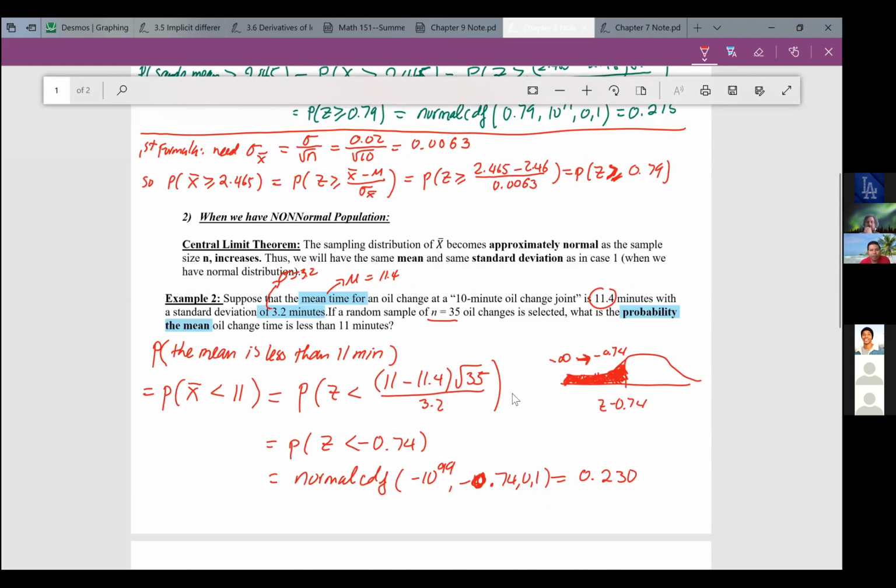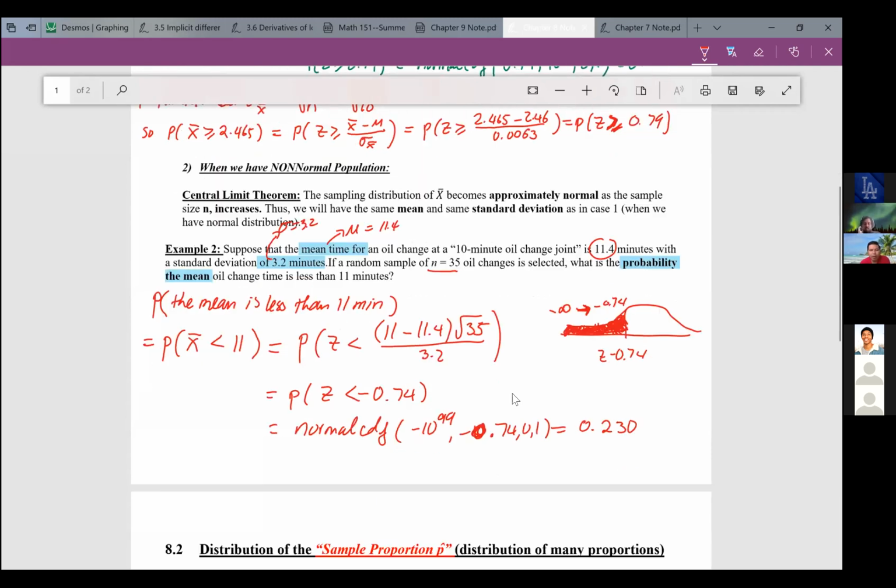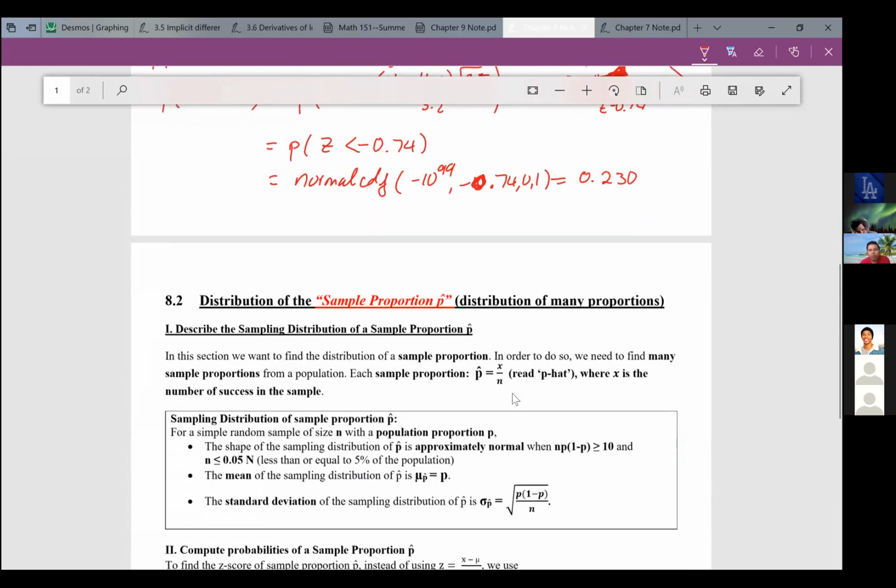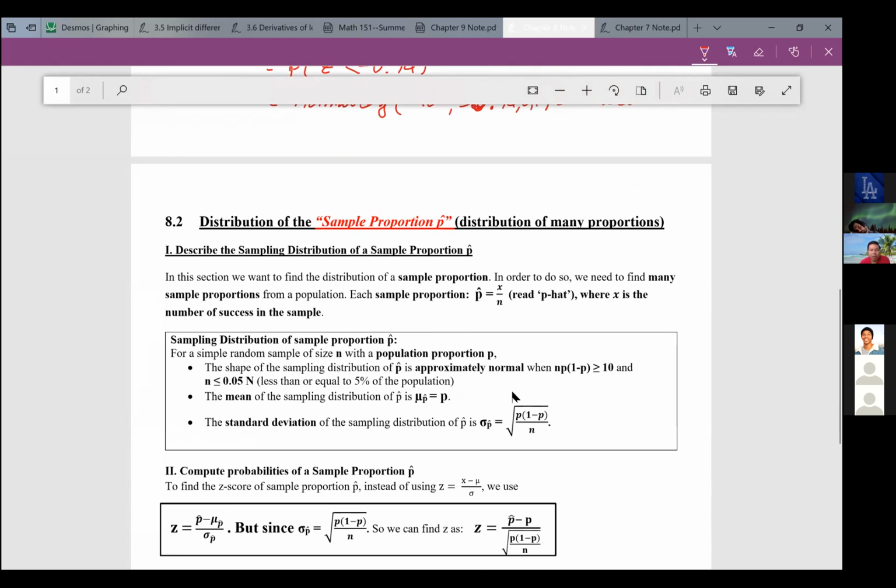All right, so that's 8.1. 8.1 only focuses on the mean, and nothing else. All right, now 8.2. In 8.2, we focus on not just the mean, but what is called the proportions.